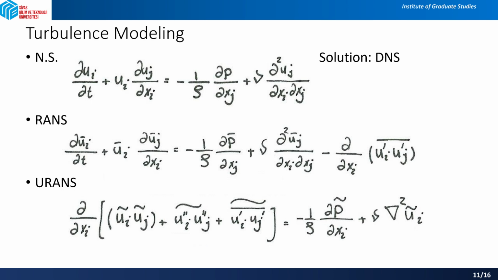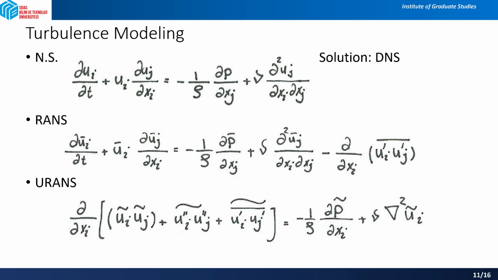These are instantaneous. And if somebody can solve these Navier-Stokes equations, he is doing DNS, or direct numerical simulation. Direct means you are getting the instantaneous solution directly.